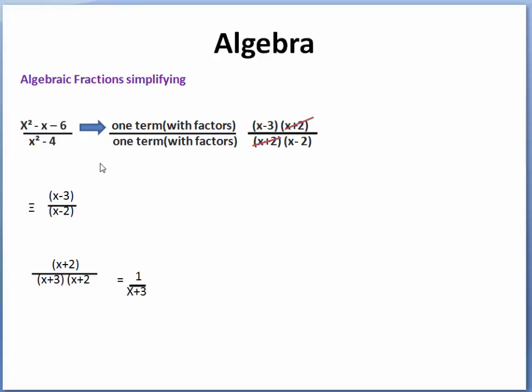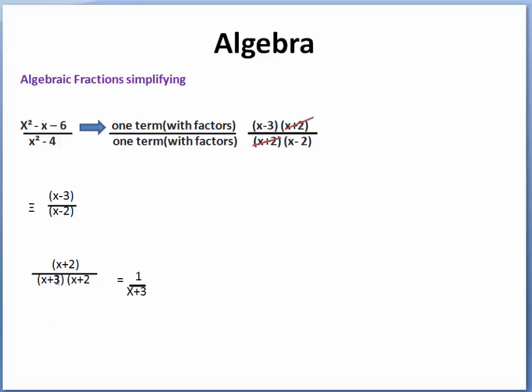And when we factorize this, it is the difference of two squares, so this would be (x + 2)(x - 2). And hey presto, these two factors are the same and we can cancel those. We get (x - 3) over (x - 2) as our answer. So this is equivalent to this when we simplify it.